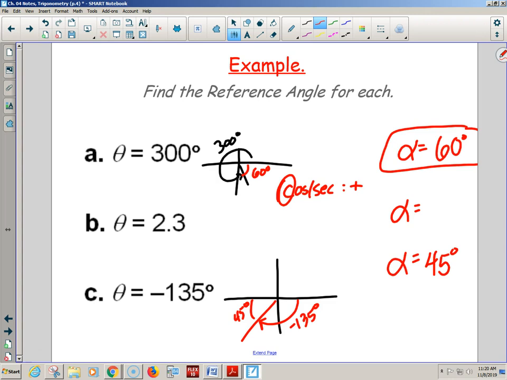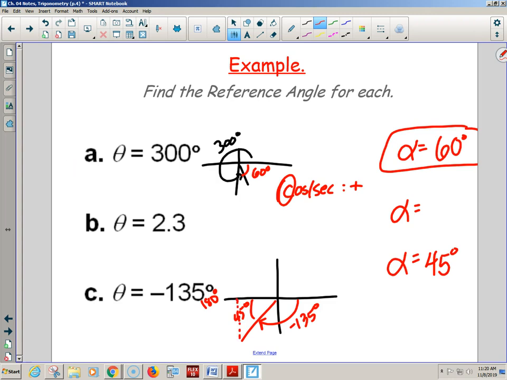Only on 45s is it the same either way. I did it because I thought of 180. Does that make sense? 180 minus 135. I just need to figure out 180 minus 135. What's the in between? It's always supposed to be a little baby acute positive angle. Never negative, always positive.